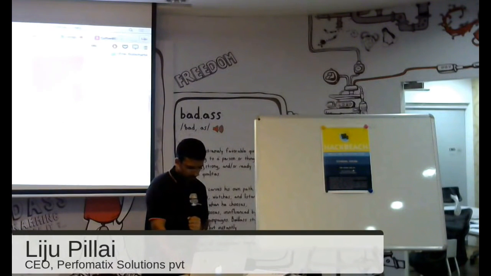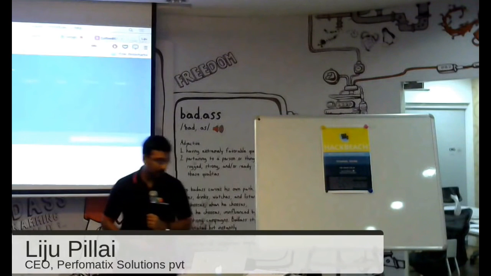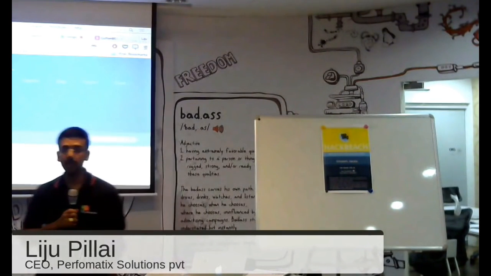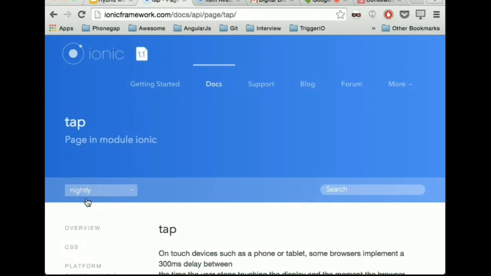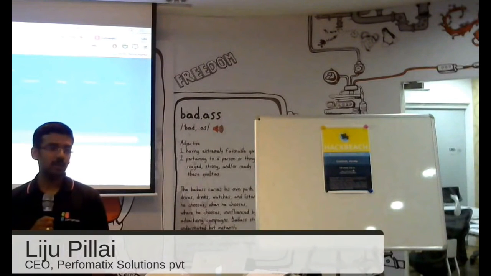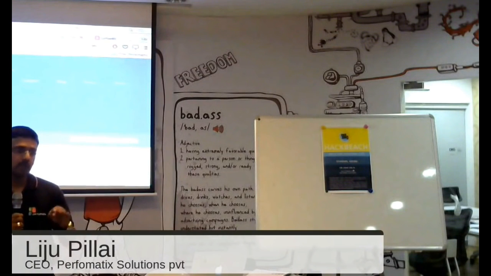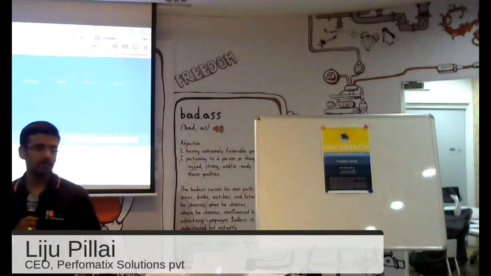Is there anything interesting? Yeah, tap is always a problem. You know what is the problem with the tap? Anyone? It's the world of mobile development, especially when it comes to hybrid or web mobile development. See, all the web browsers by default have a 300 millisecond tap delay.